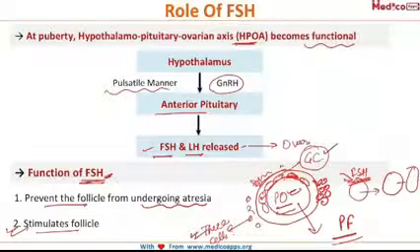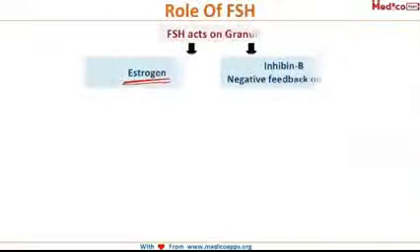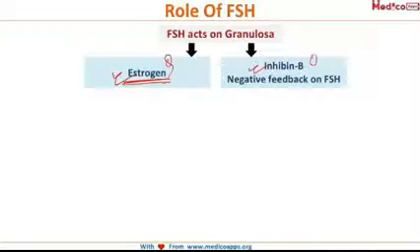Now FSH, released from the anterior pituitary, acts on the granulosa cells, leading to the release of estrogen and inhibin B. So two hormones are released from the granulosa cells, estrogen and inhibin B.